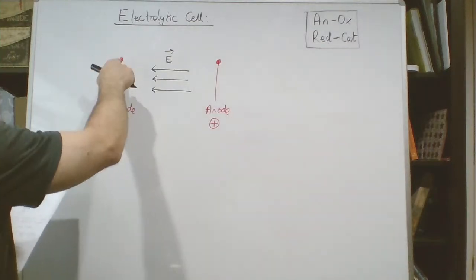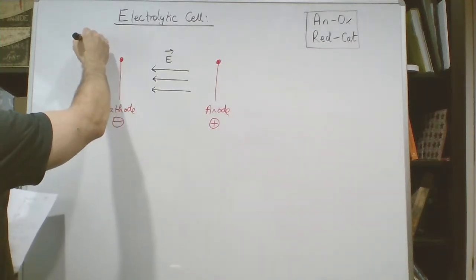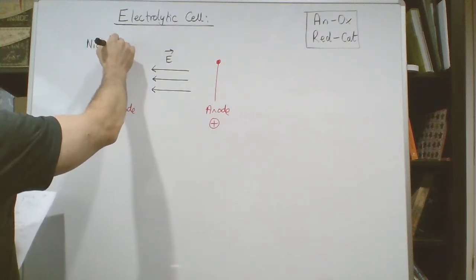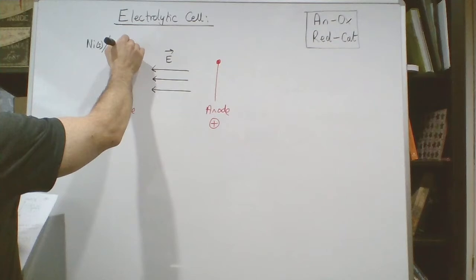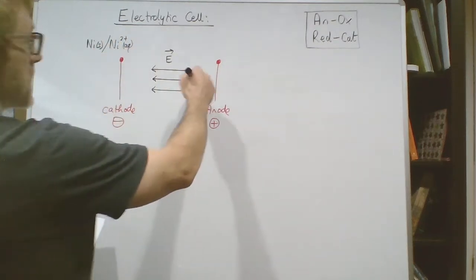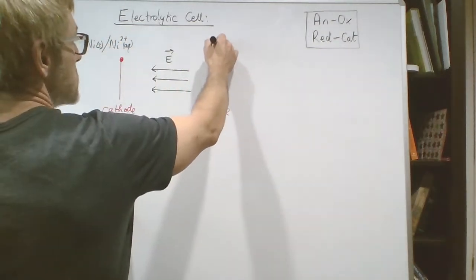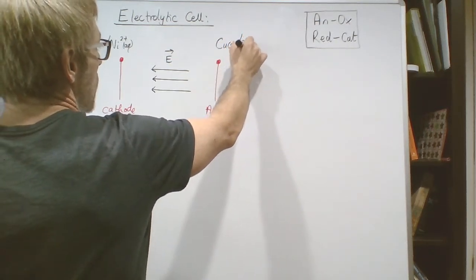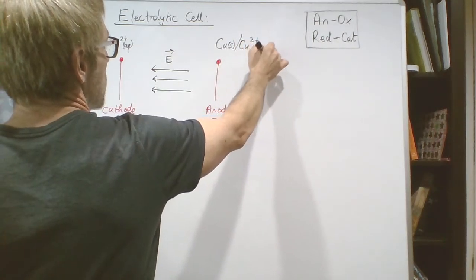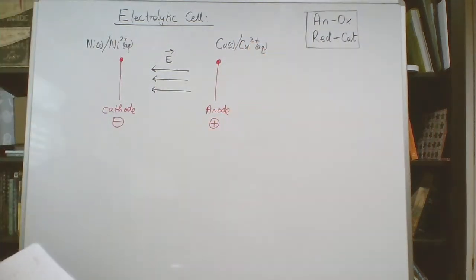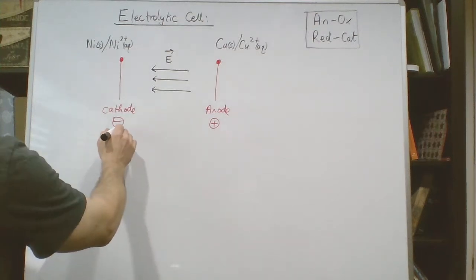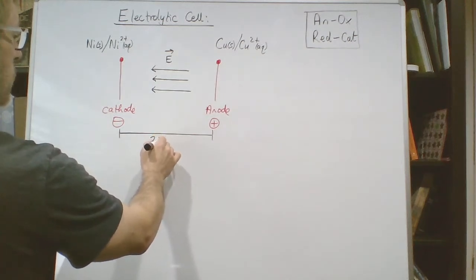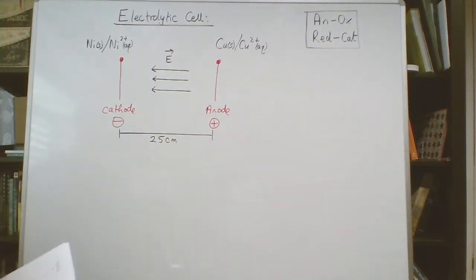Let's say that the cathode in this case is a mixture of nickel solid with dissolved nickel cations. And let's say that the anode in this case is a mixture of copper solid as the electrode and copper 2+ cations as the medium. Let's again say that these beakers are separated by 25 centimeters, which would be a realistic separation.